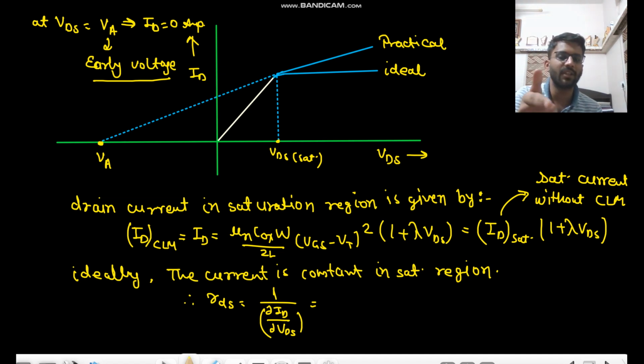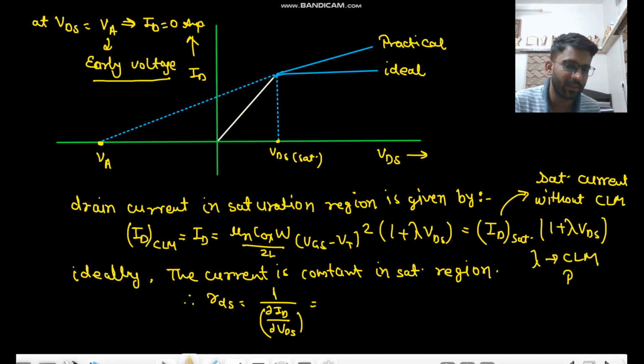So the formula becomes mu n Cox W by 2L (VGS minus VT) whole square into (1 plus lambda VDS). The current for triode region is the same, but the current for saturation is different. Okay. And what is lambda? We call it the channel length modulation parameter.